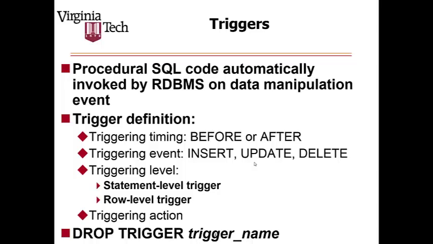You can do that with a trigger. There is some triggering action, which is always some sort of insert, update, or delete activity on a table. And when that event occurs, this trigger procedure is executed.